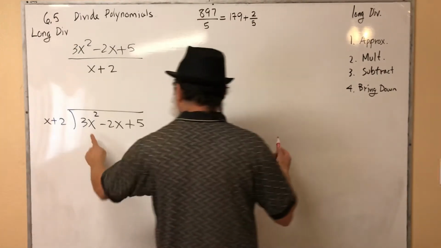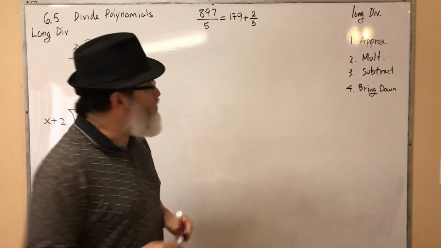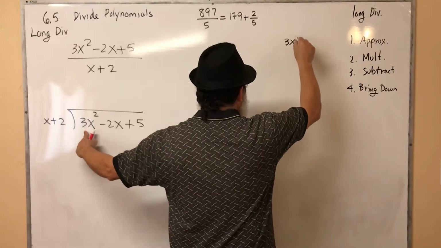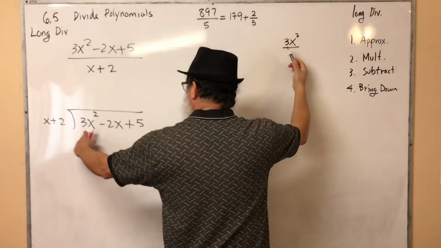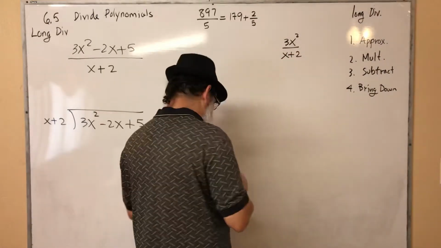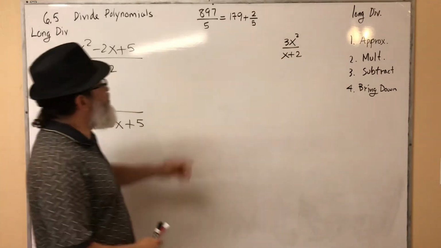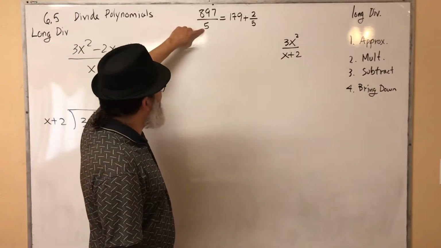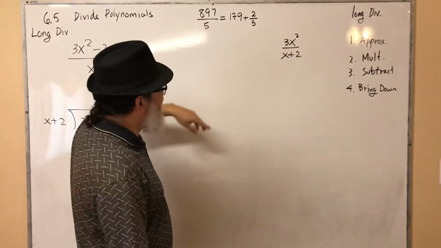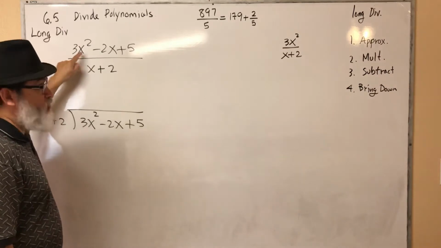To approximate, take the first term, 3x squared divided by x plus 2. Okay? Just like I took the first 8 divided by 5, and that went into 8 approximately 1 time, I take x plus 2 divided into the first term. Doing the same thing.